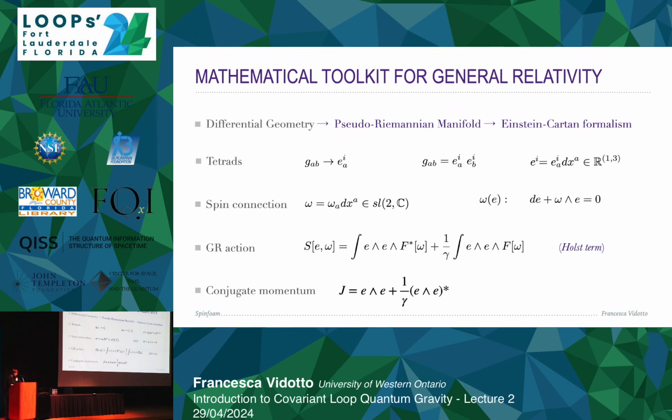So notice that in this slide, everything that I am presenting is just the classical theory. Usually, we don't put the Holst term in the classical expression of the action. Why? Because this is a topological term. That means that when you compute the equations of motion for general relativity, this term doesn't play any role, so you forget about it.